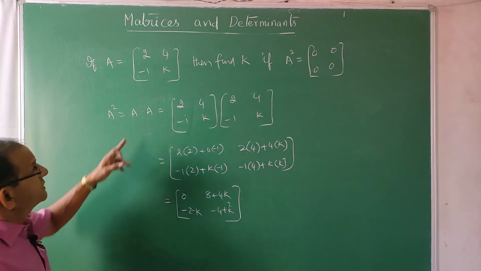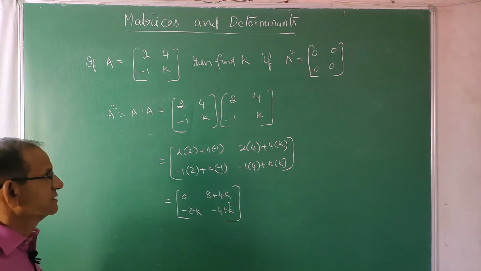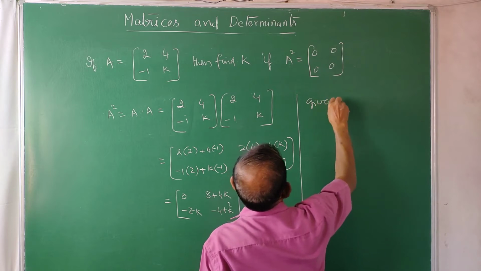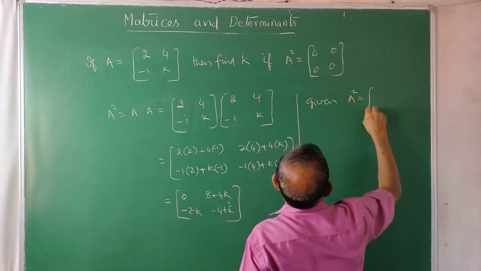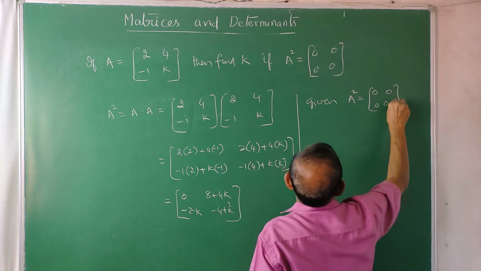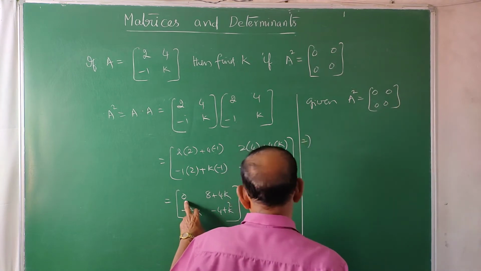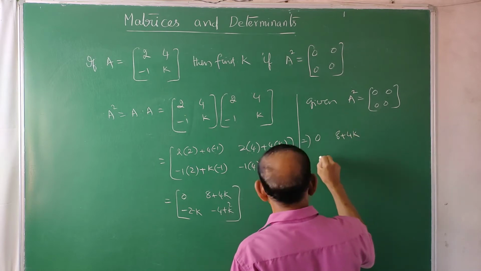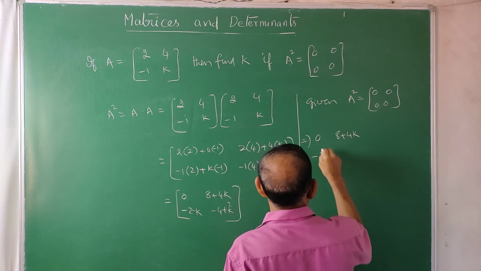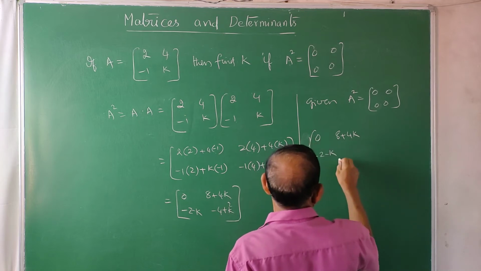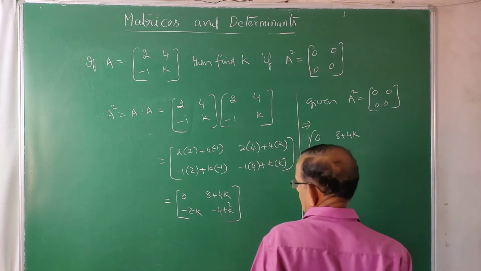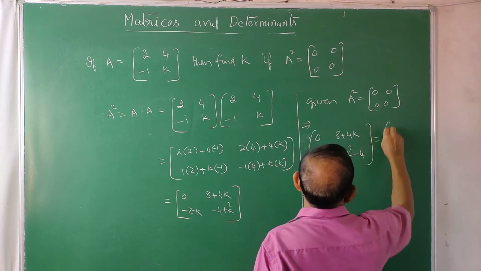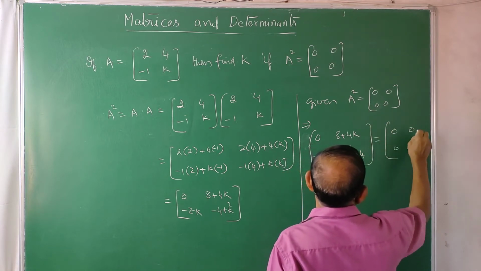But it's given that A square is a null matrix. Given A square is equal to 0, 0, 0, 0. That implies 0, 8 plus 4k, minus 2 minus k, k square minus 4 equal to 0, 0, 0, 0.